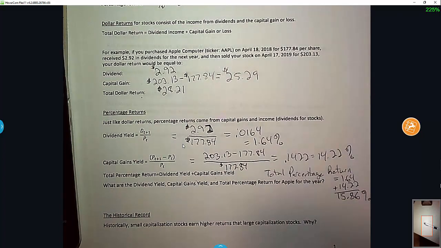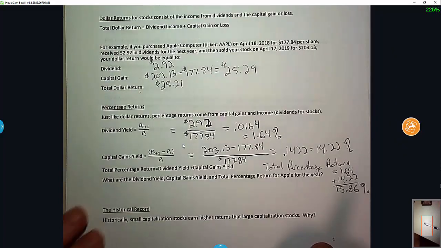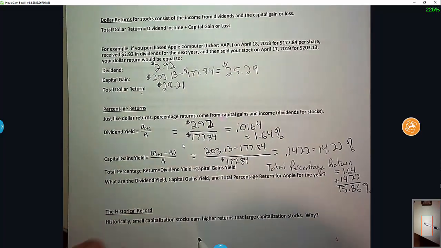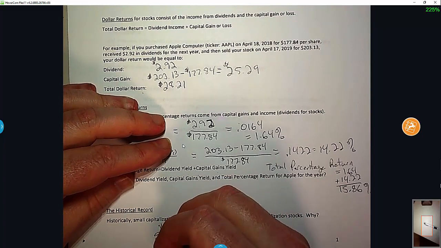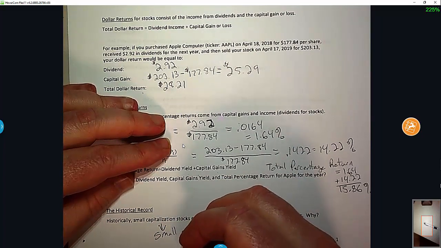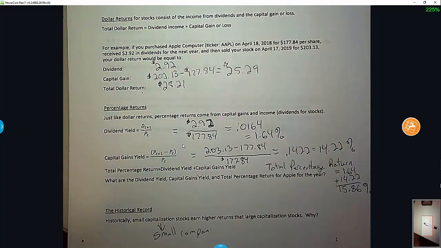So the historical record, and I'm just going to show you one example of the different securities we're talking about, but historically, small capitalization stocks, so these are small companies. Capitalization means market capitalization, or the total market value of equity for the firm.